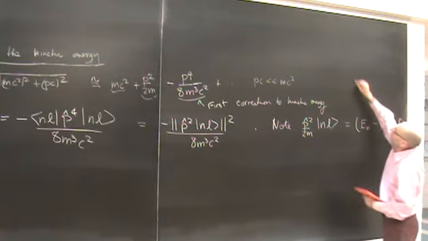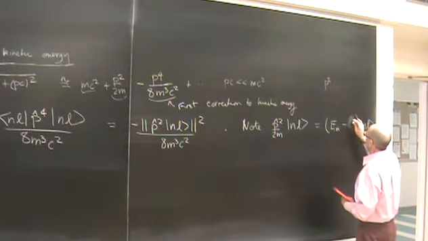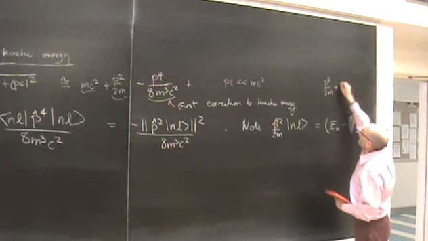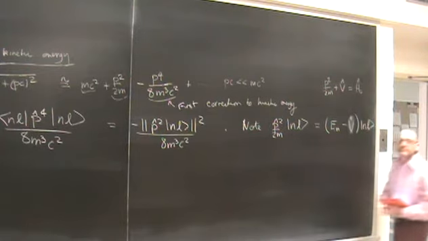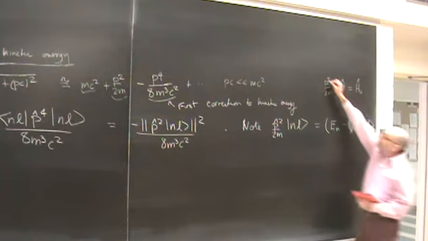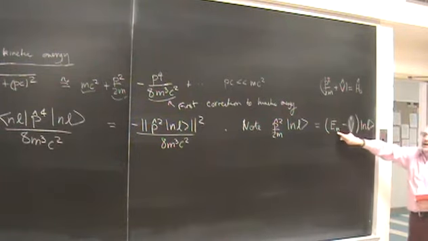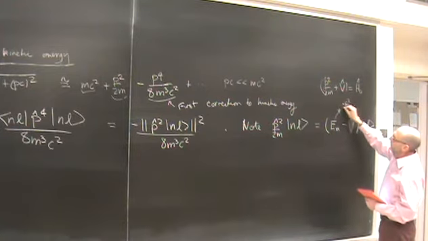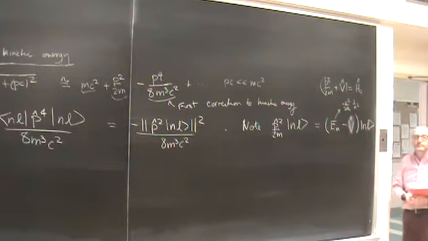Because p squared over 2m plus V is what I'm calling H naught. If I act this on this zeroth order state, I get the energy eigenvalue. This is equal to minus e squared over 2a naught, 1 over n squared. Right?